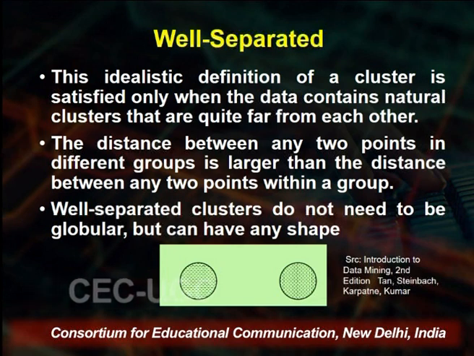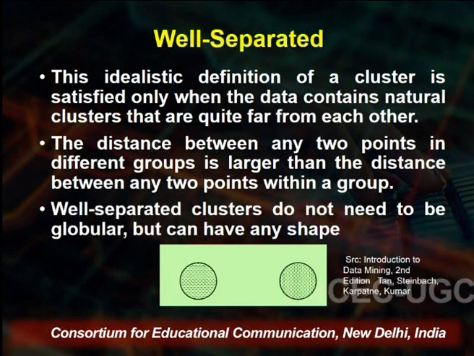That is, the distance between any two points in different groups is larger than the distance between any two points within the group. This is what we are discussing again and again, that the intragroup distance has to be less and the intergroup distance has to be more. Okay. So then only we will say that the clusters are well separated clusters.